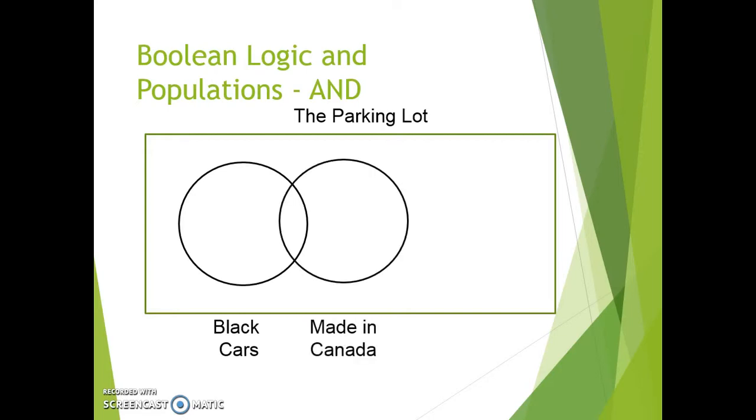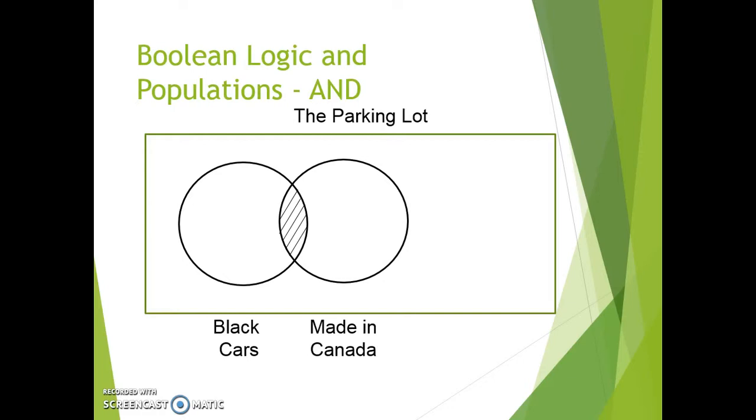We can see a bunch of cars that are made in Canada. If we look at those populations, they're not exclusive. Some of them are made in Canada and are black cars. So our AND operator describes the intersection between these two populations.